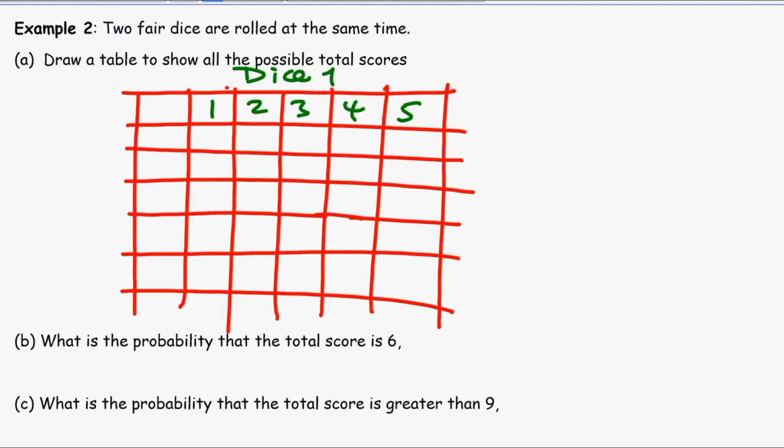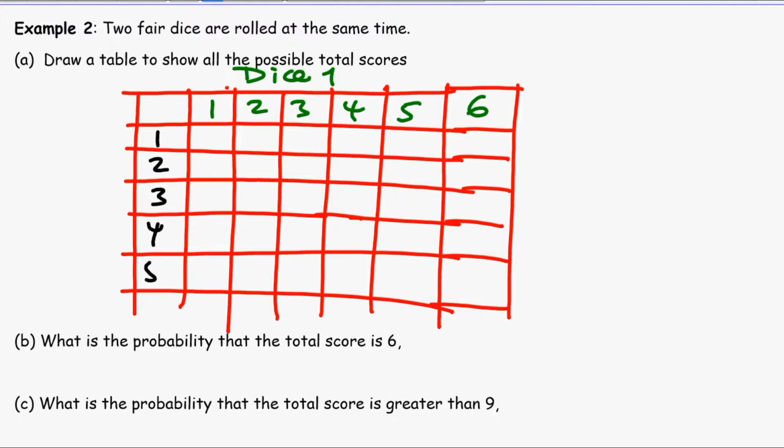I'll have to add another column, 6, and then here I'll have the second die: 1, 2, 3, 4, 5, and 6.